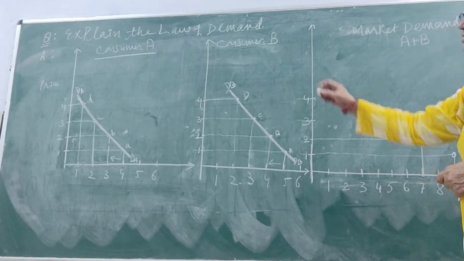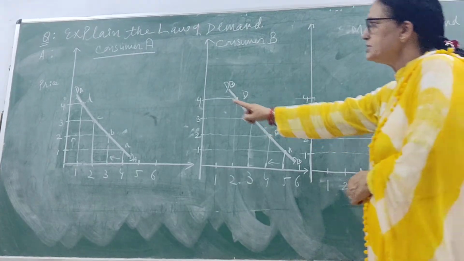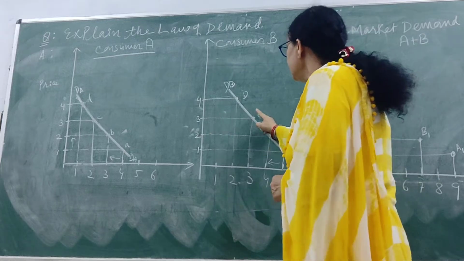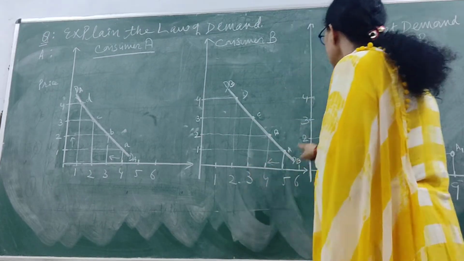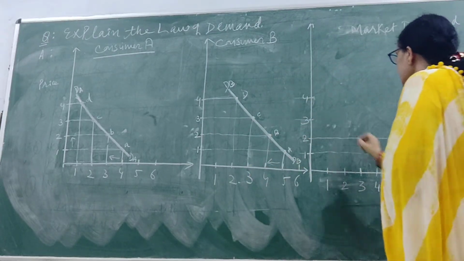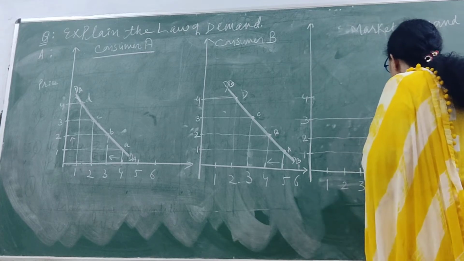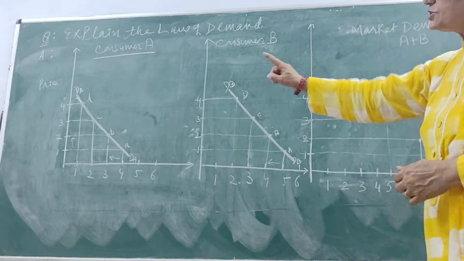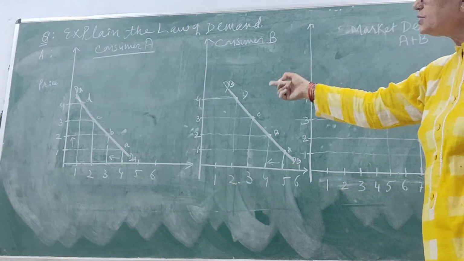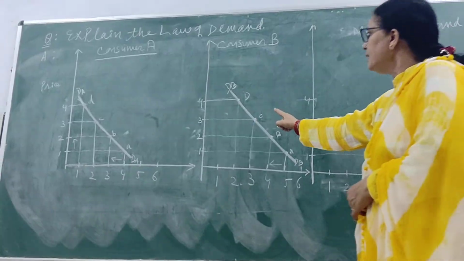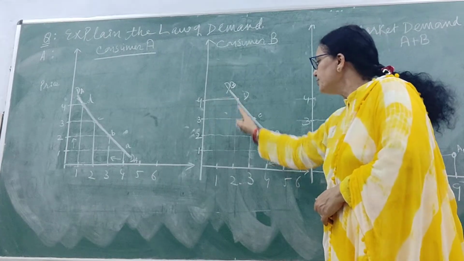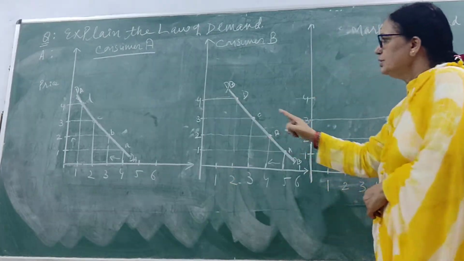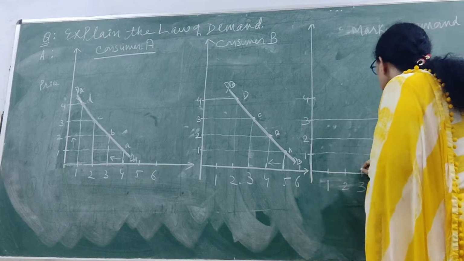Then at price 3, the demand by consumer A is now 2 units. At 3, the demand by consumer B is 3. So at price 3, the market demand comes to 5. This is C1. When the price rises to rupee 4, the demand by consumer A is 1. The demand by consumer B at rupee 4 is 2. So 1 plus 2, this comes to 3.